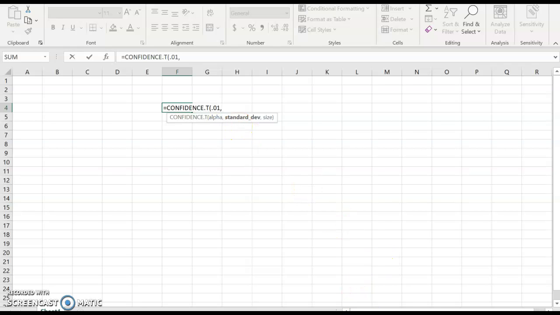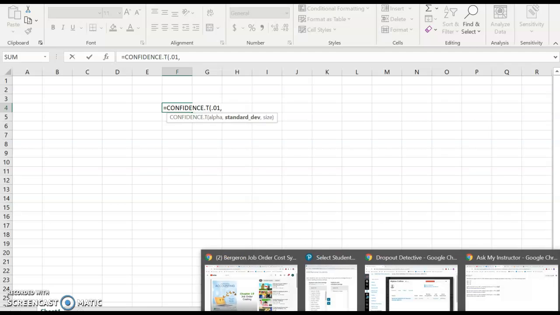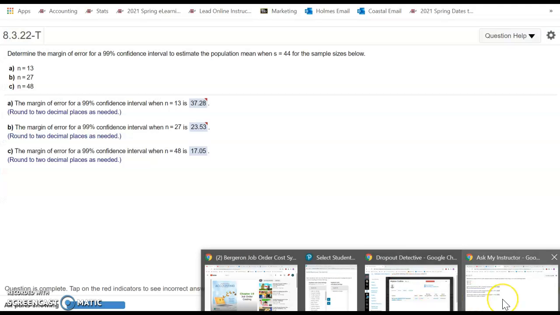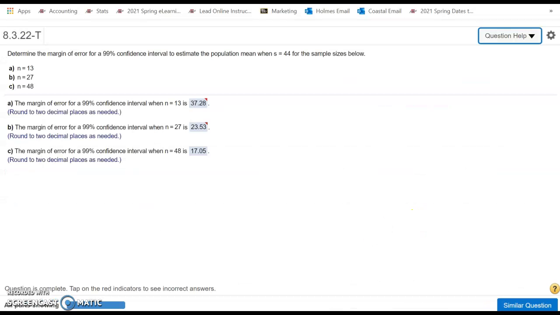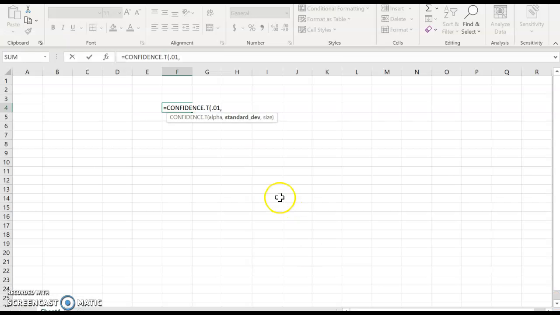Standard deviation, let's look and see what that was. Standard deviation is 44. It says S equals 44 right up here. S equal 44. And for the first one, N is going to be 13. So 44 and the size is 13.